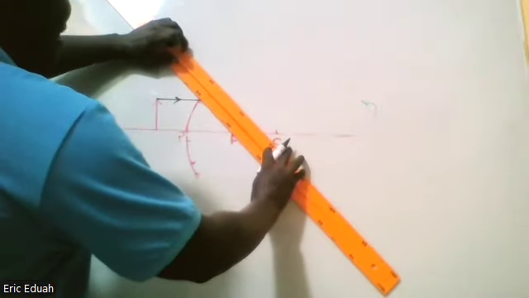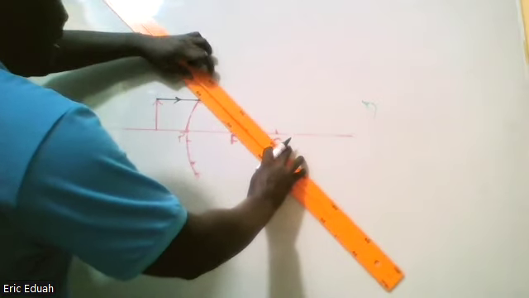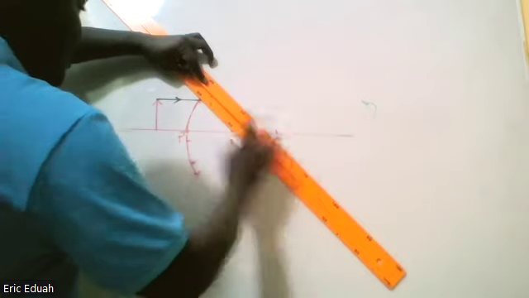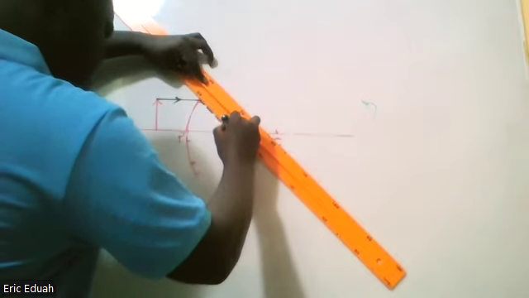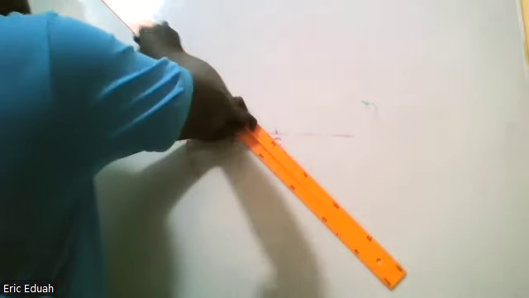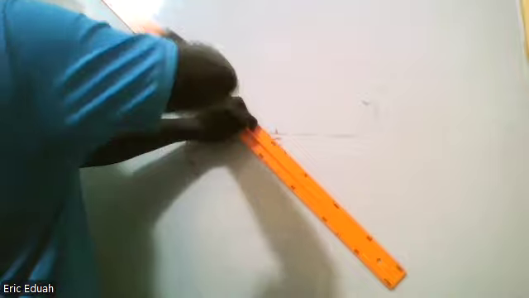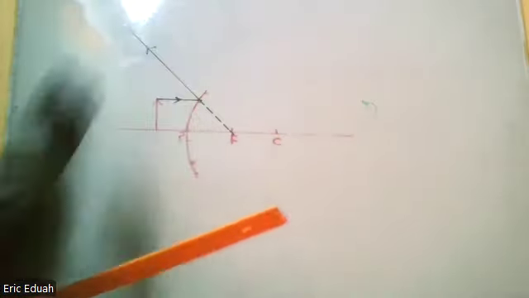So the divergent ray appears to be diverted from F. So you need to trace the divergent ray from F. So this is the first rule.